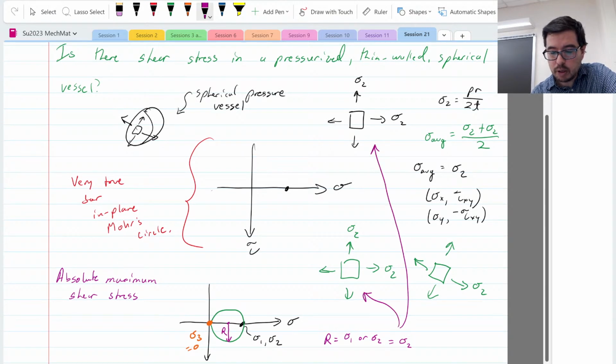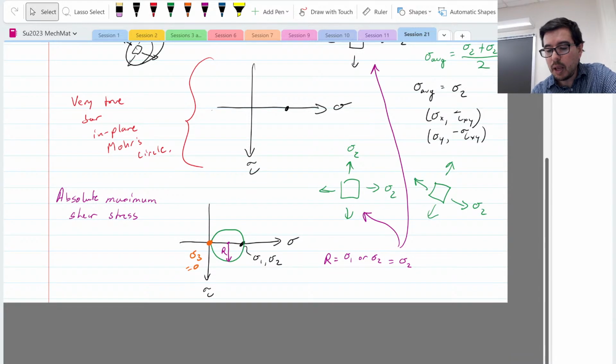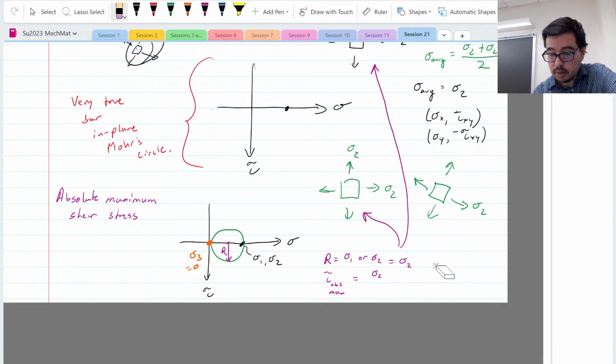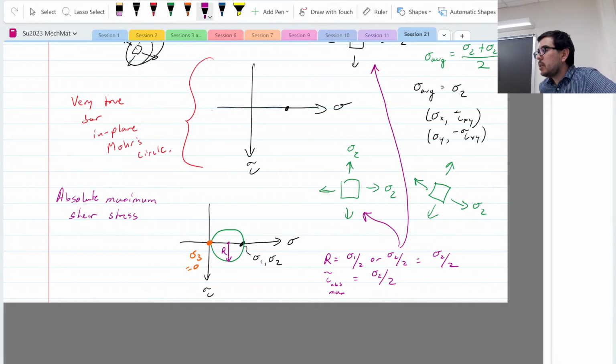So tau absolute max is going to be equal to sigma 2 over 2. In this case that would be PR over 4T.